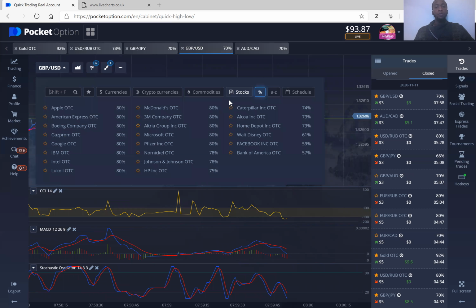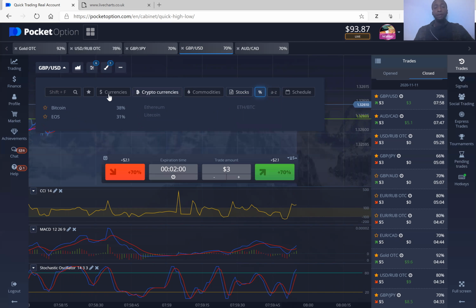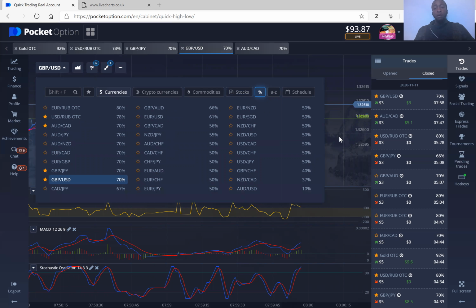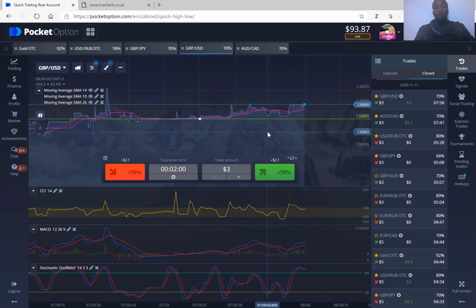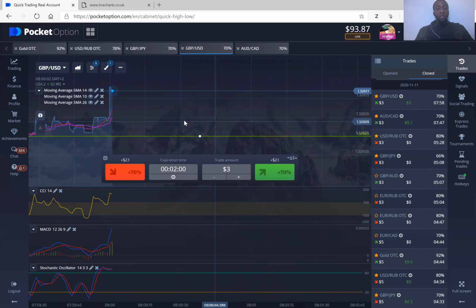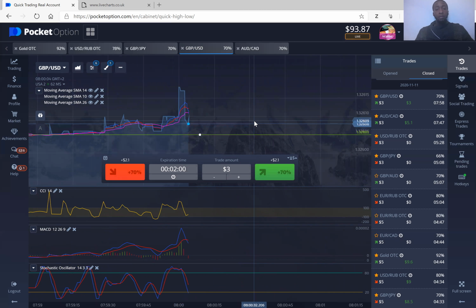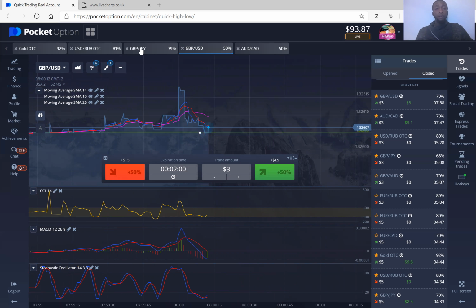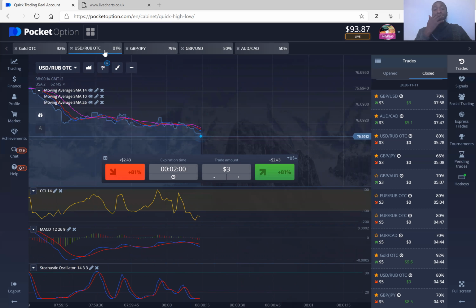Then you got stocks. You could do that if you want to. I don't. But you could trade whatever you want on here, especially if you got some good news, some fundamentals or something like that. Definitely do that. Ain't nothing wrong with it at all.